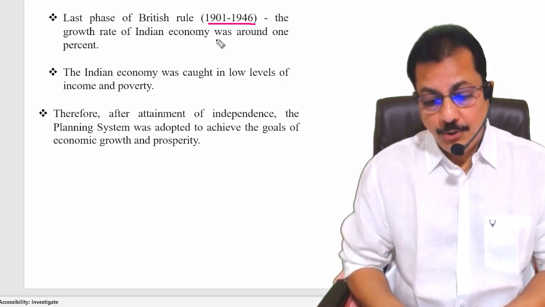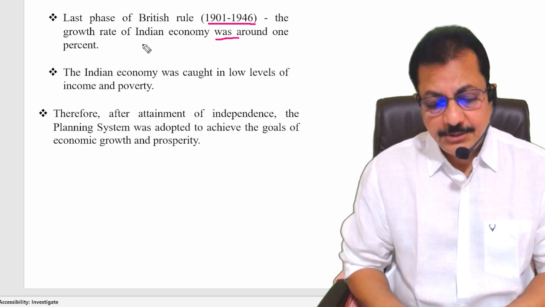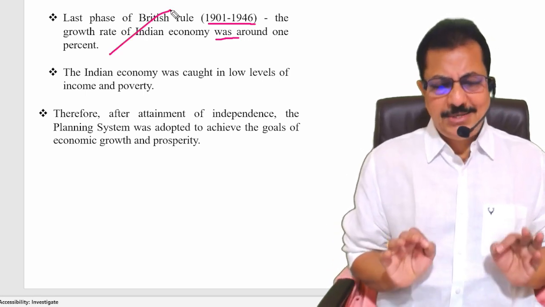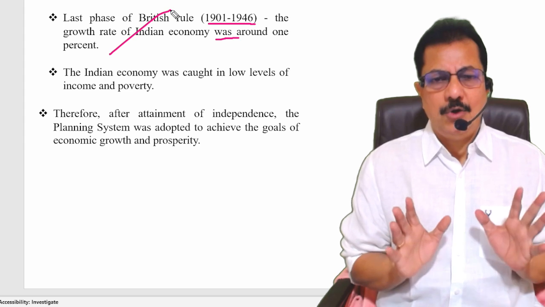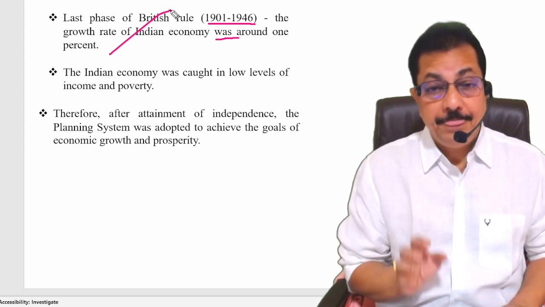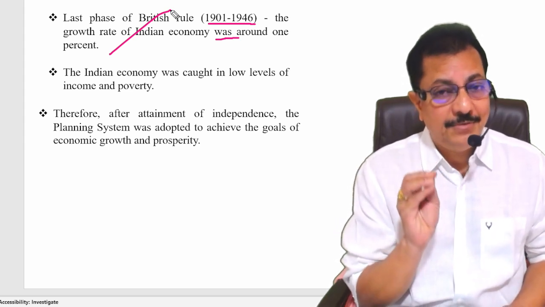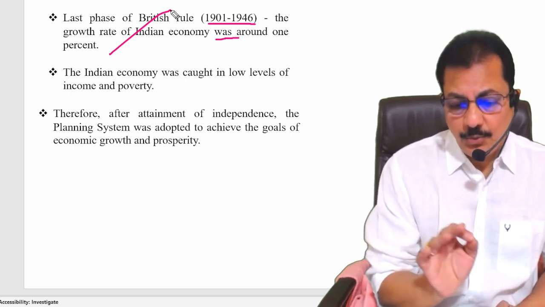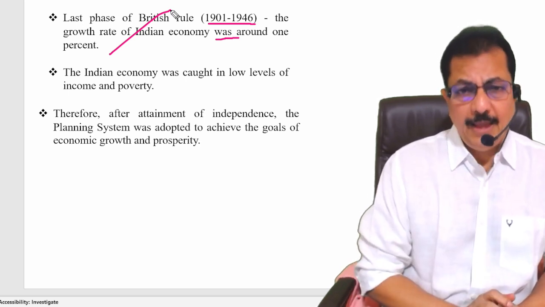And the growth rate of the Indian economy was just around 1%. Just around 1% economic growth rate was there in India during the last phase of the British rule. What was the last phase? 1901 to 1946. Am I clear?